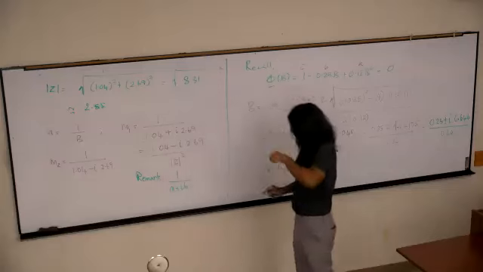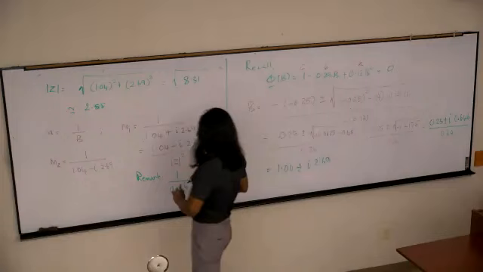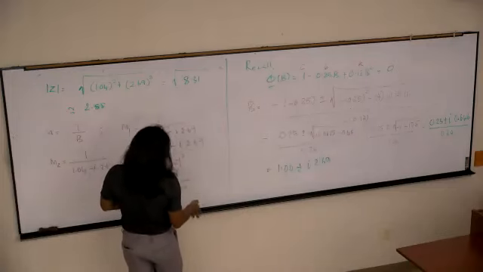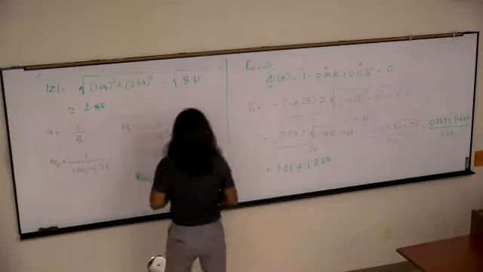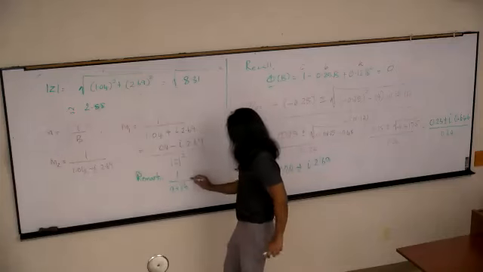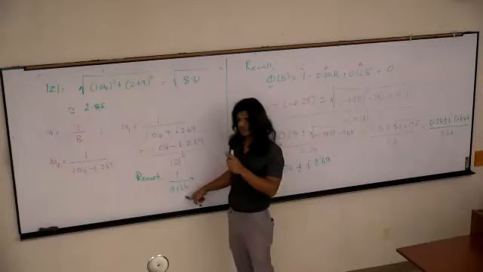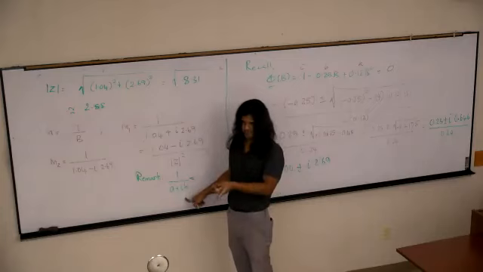If you have 1 over a plus ib, you multiply and divide by the conjugate of a plus ib, which is a minus ib.